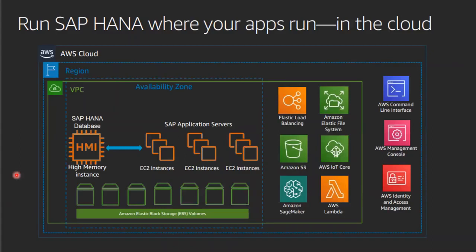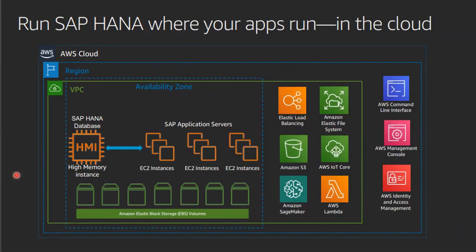Now, as you all know, most of the applications are served from cloud. So it really makes sense to run SAP HANA in the cloud, right? And when we talk about cloud, why not go with AWS, which offers so many good services and so many advantages over other cloud platforms. For example, bare metal instances, and Nitro hypervisors, which we discussed.